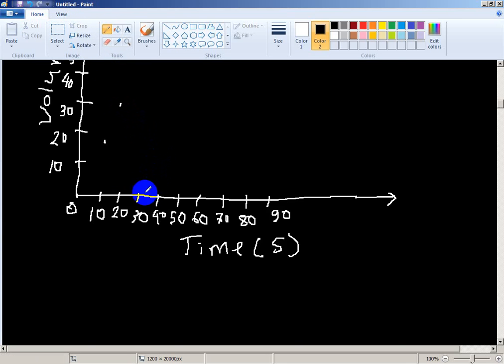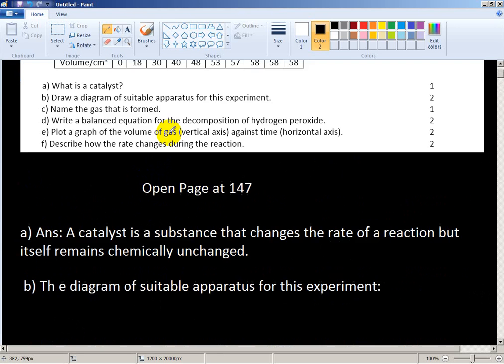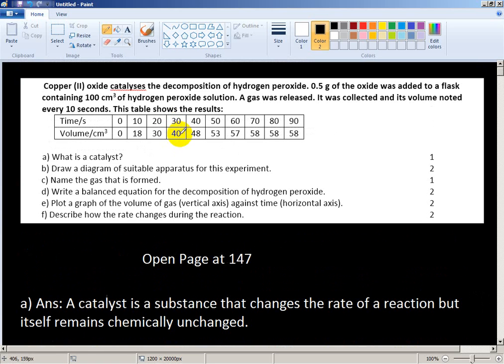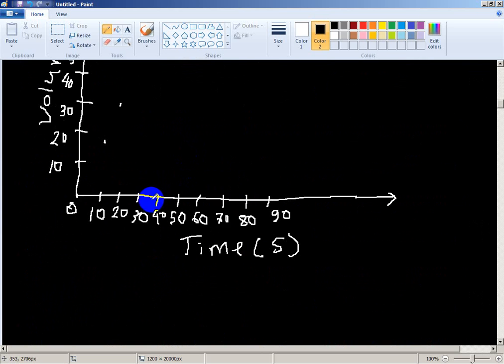Now when time is 30, volume is 40. This is 40.